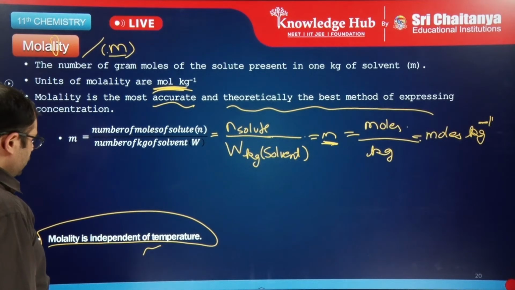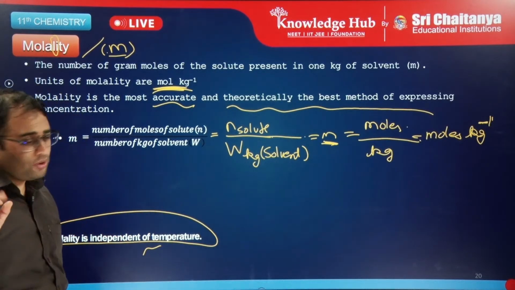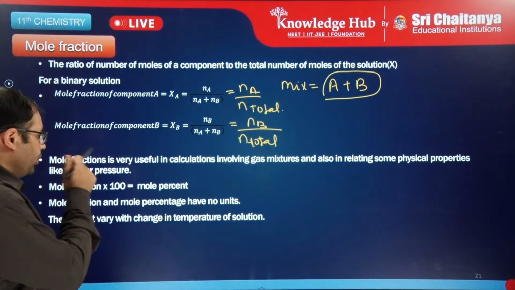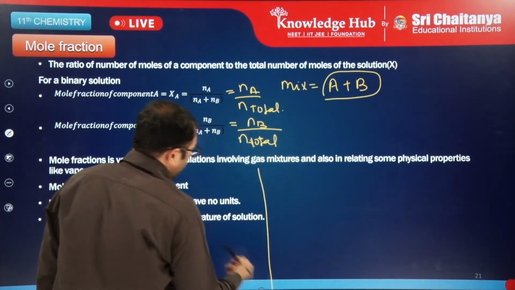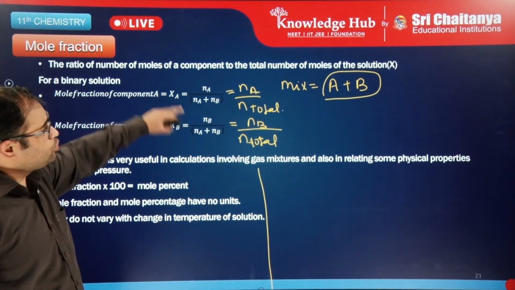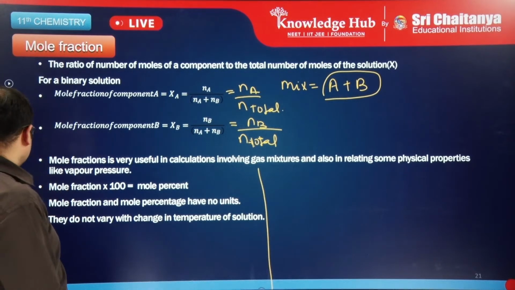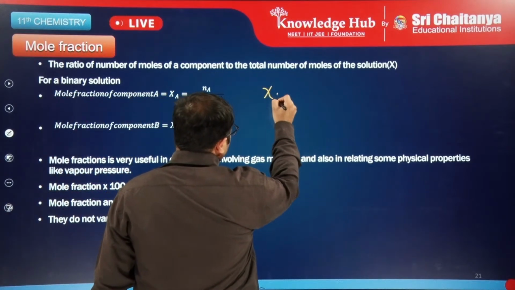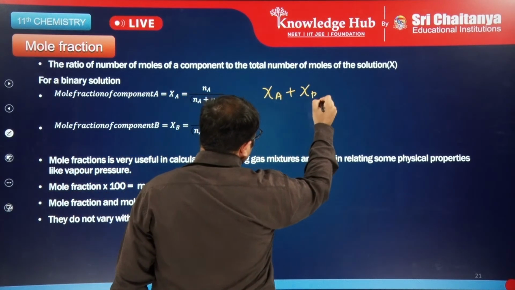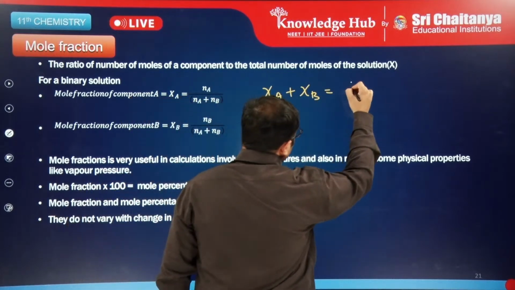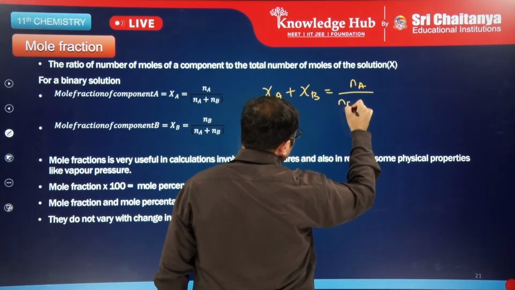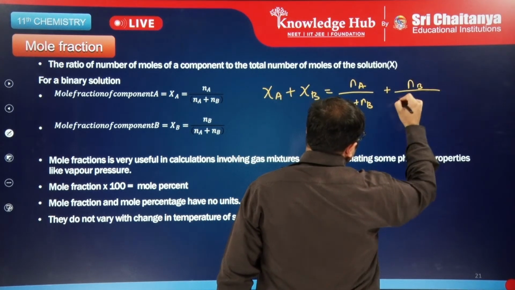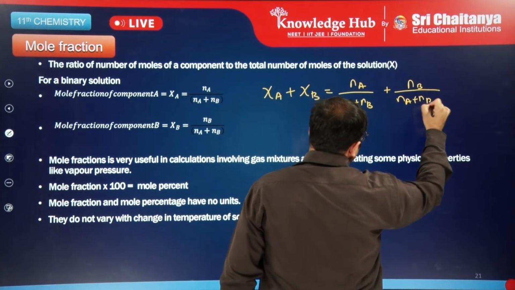Now, for mole fraction, there is one more relation which is, I think, not mentioned here, but I feel it is important. If you add these two mole fractions, what will you get? Let us add them up. Chi A plus chi B equals Na by Na plus Nb plus Nb by Na plus Nb.